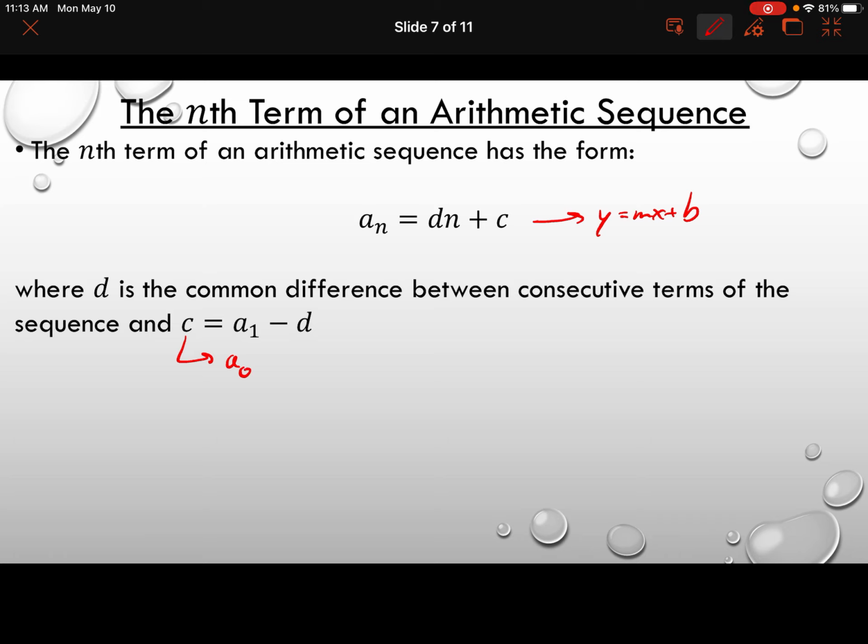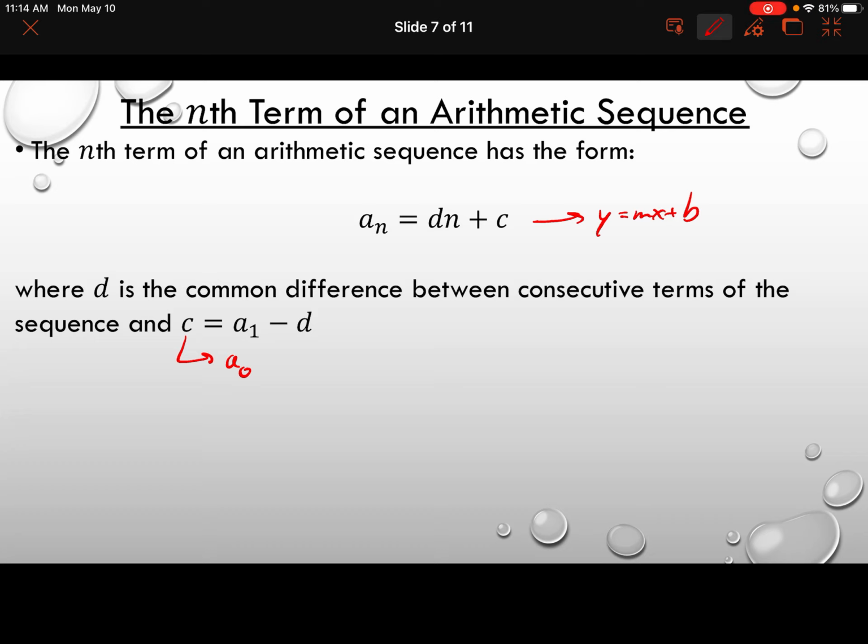Another way to think about it is you take your difference and subtract it from the first term. That's another way you can think of your c value. So once again, think of it as your y-intercept. That's another way of connecting back to Algebra 1.